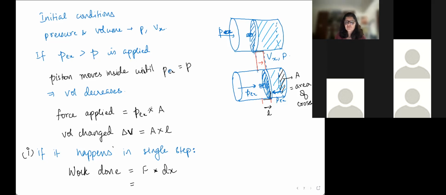So what is the force that we figured in this scenario? External pressure into cross-sectional area, P external into A, times displacement, meaning L. So what is the expression for L that I can use here?